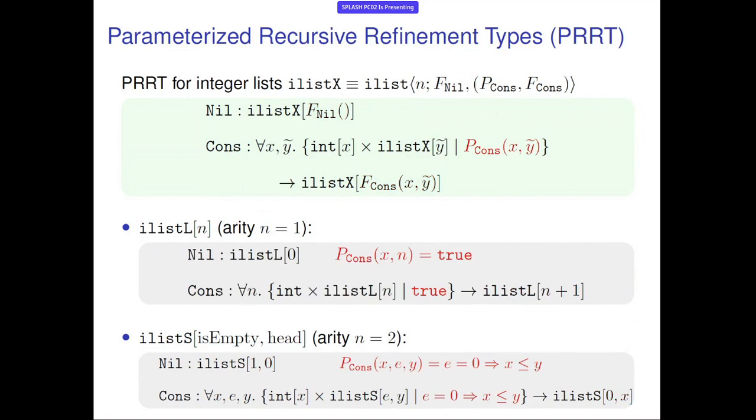So if we instantiate functions and predicates properly, we can get specific refinement types representing various properties.